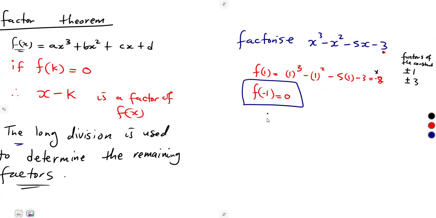So in our case, therefore x minus our k, this is f of k, which gave us a 0, which is -1, x plus 1, minus minus is going to give us a plus. It is a factor of our f of x, this part here.